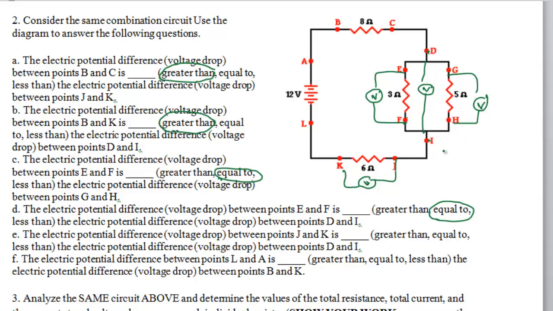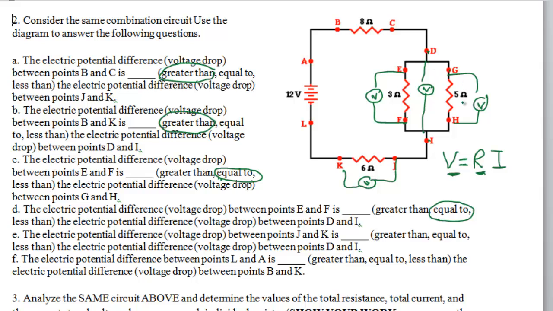So what will determine the voltage drop is the equation V equals R times I. And here we have a series connection between the 6 ohm and the combination of the 3 and the 5. So the voltage will split among them. And what will determine the voltage portion of each one is the resistance. The bigger the resistance, the bigger the voltage.